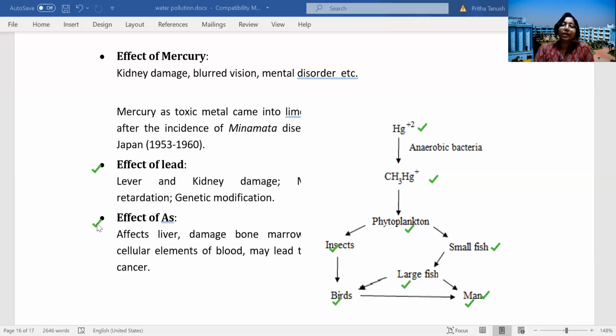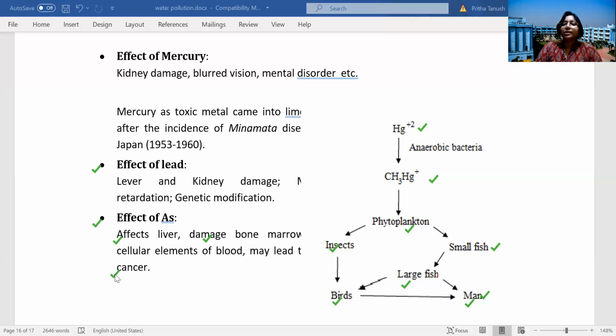In the initial contamination, there will be black pigmentation on the skin, that is the Blackfoot disease. This type of disease takes place by arsenic contamination, and ultimately with long-term contamination, cancer may take place. It affects the liver, damages bone marrow and cellular elements of blood, and may lead to cancer.